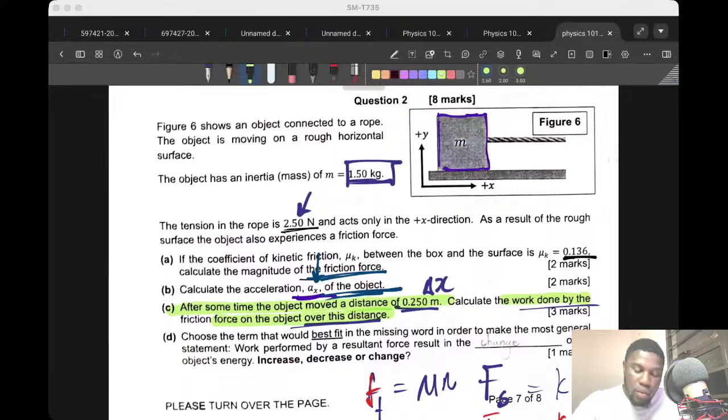So we're going to say, calculate the work done by the friction force on the object over this distance. Work done by only one force, and we have a situation with many forces.